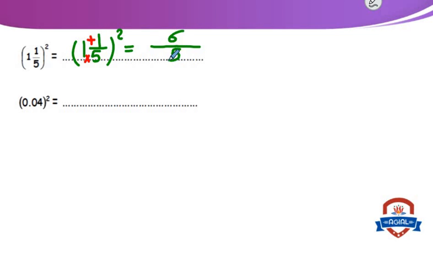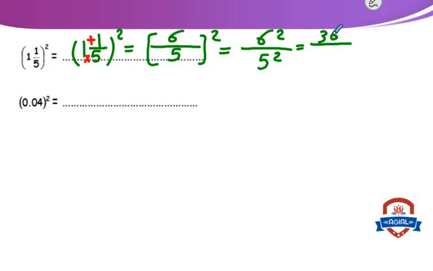So 6 over 5 to the power 2 equals 6 to the power 2 over 5 to the power 2 equals 36 over 25. Understand?